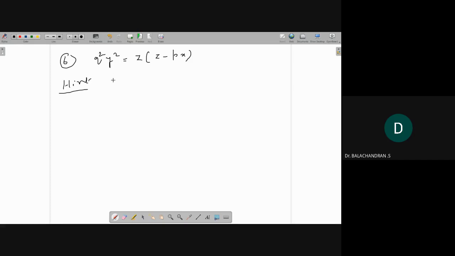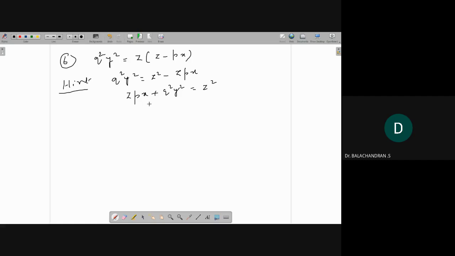So you can write this as zpx plus q square y square equal to z square. Now you can see that p is along with x and z, and y is along with q.